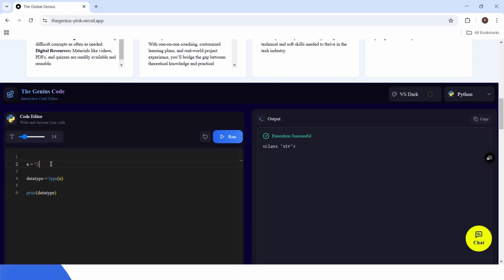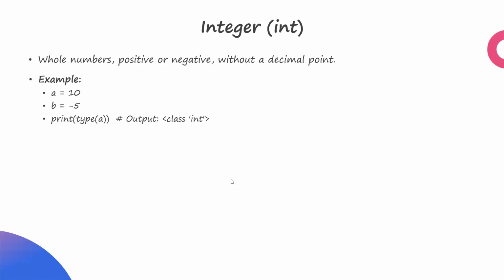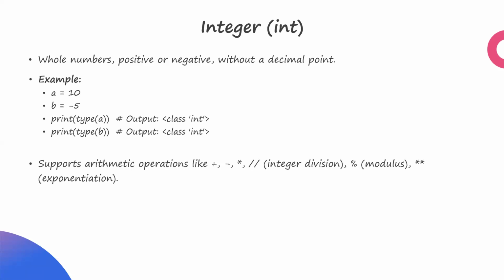If instead of 20 I say 20.88, now it is a decimal number. The type is now float. So this is how you find the data type of a variable. This integer supports arithmetic operations like plus, minus, multiplication. We are going to do all these things when we start talking about operations.